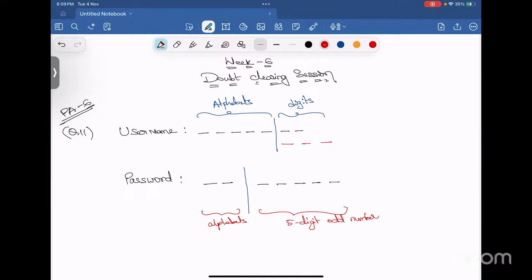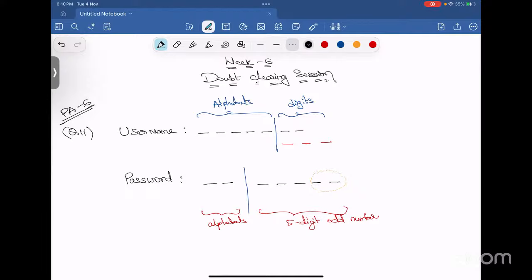So there is a condition between these two numbers that the last digit should be larger than the second last digit, and no digit should be 0. So none of the digits are allowed to be 0. We cannot use alphabets in the password which have already been used in the username.